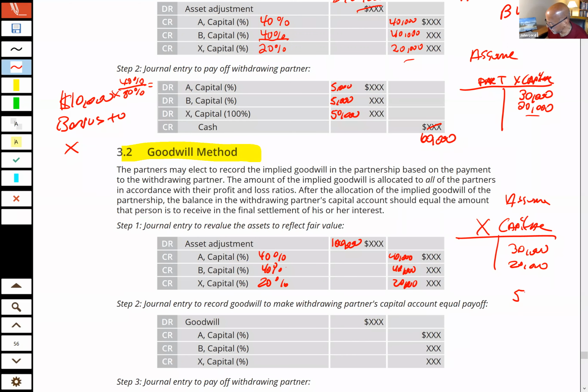So X has what? 50,000 in his capital account, and he owns 20%. So they're essentially saying that the book value of the company right now is what? Am I doing my math right? 50,000 divided by 0.2 is 250,000.